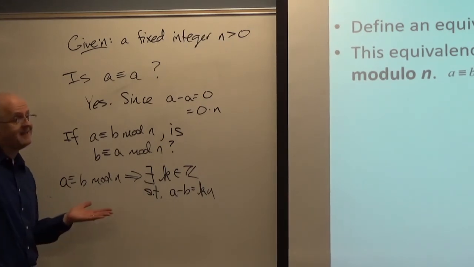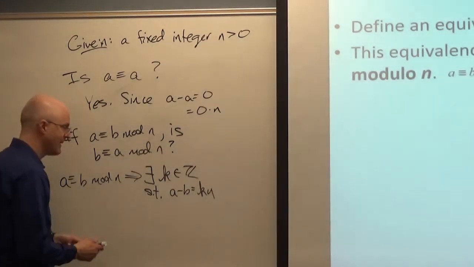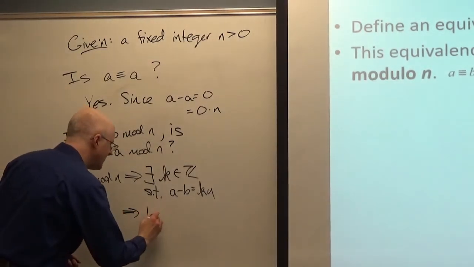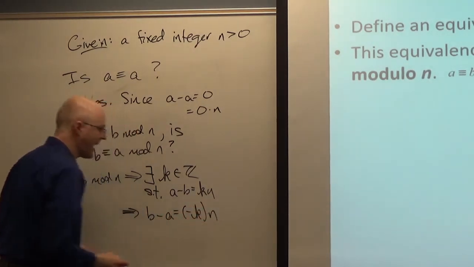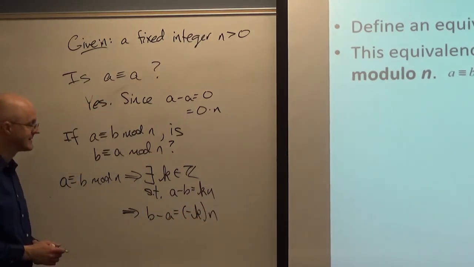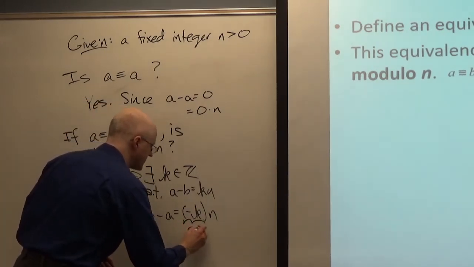Is B minus A an integer multiple of n? Yeah, right? Because just multiply both sides by -1. And you write it like that. And since k is an integer, negative k is also an integer.